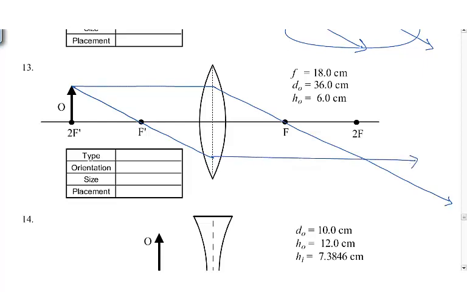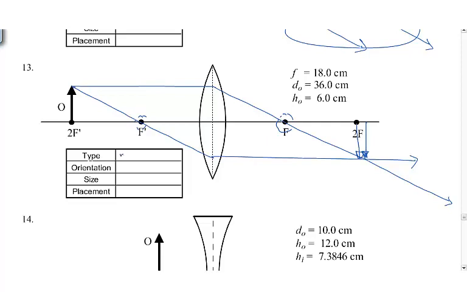Now if you draw this one perfectly, it should end up right at 2f. I'm a little bit outside of it there. You can see I missed the center a little bit, and the light ray is a little bit on the other side. So it's not perfect, but that image should be right here at 2f.